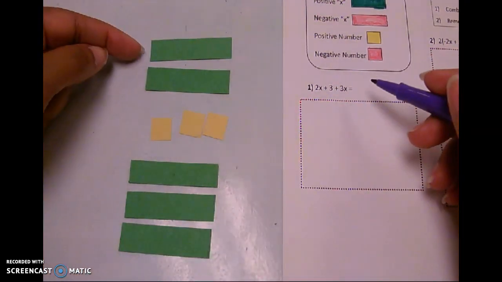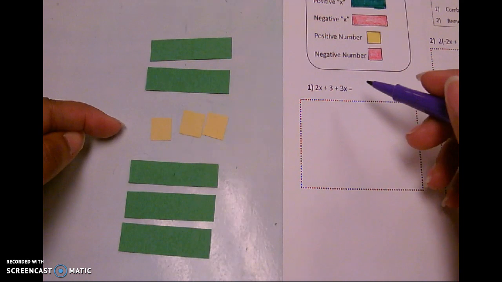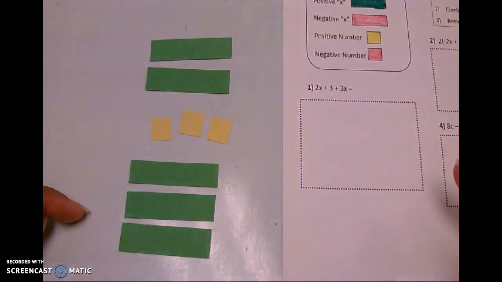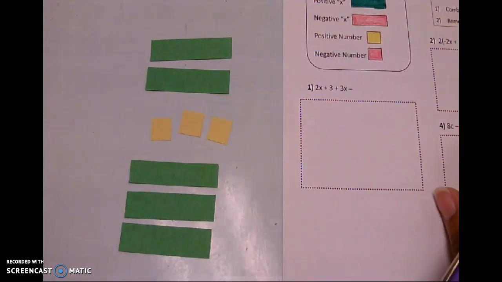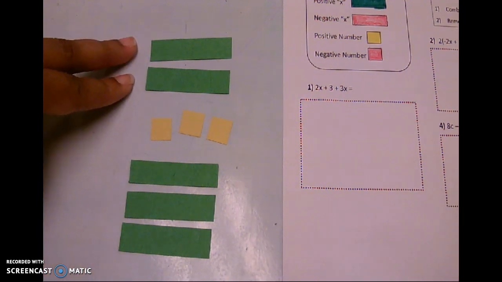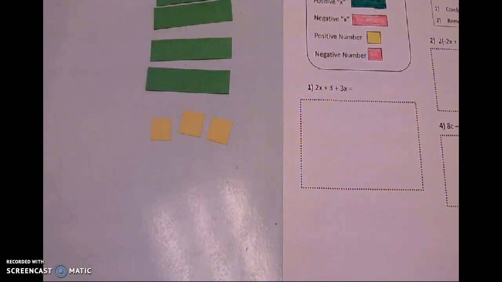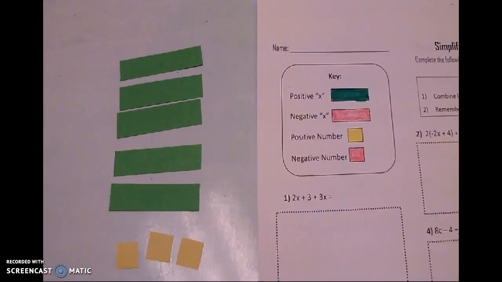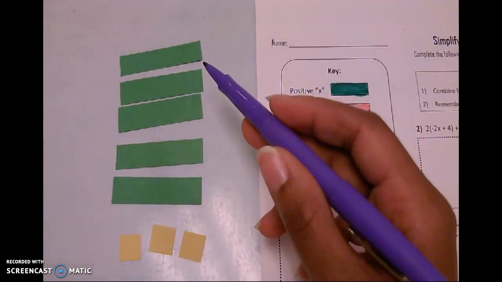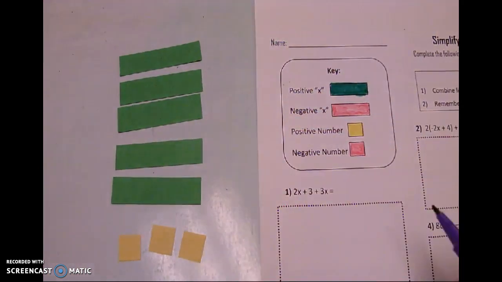I've represented this 2x plus 3 plus 3x. Now I'm going to combine like terms. What looks alike here? I have 2 x's up here and 3 right here, and I can combine those to be what? All that put together is going to be how many positive x's? We have 1, 2, 3, 4, 5.